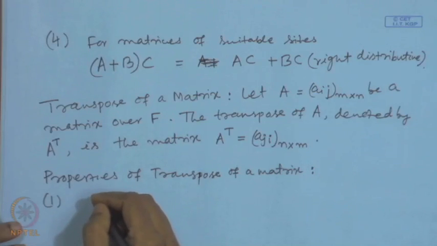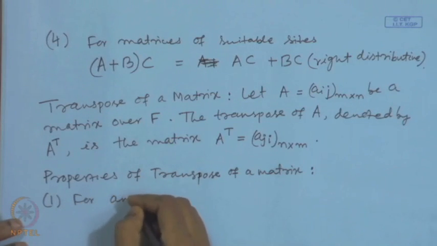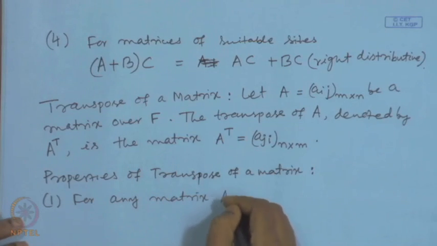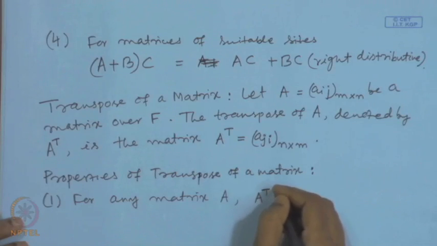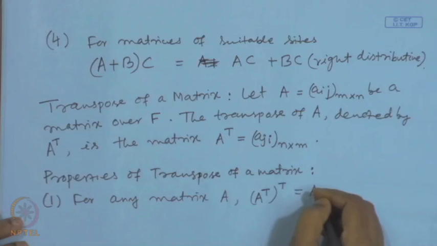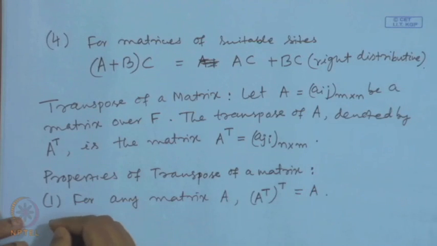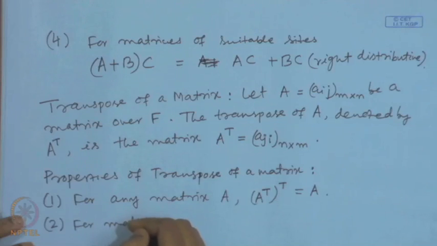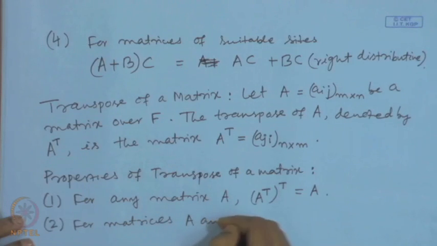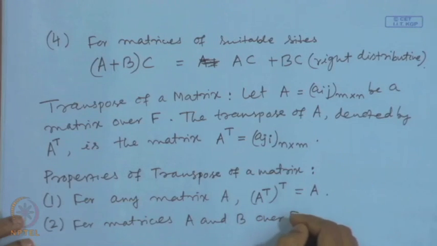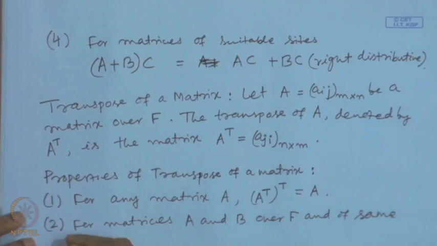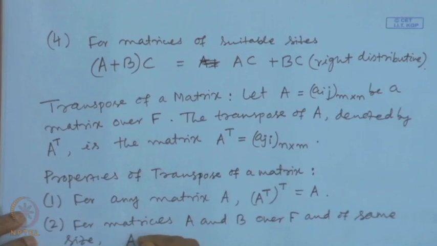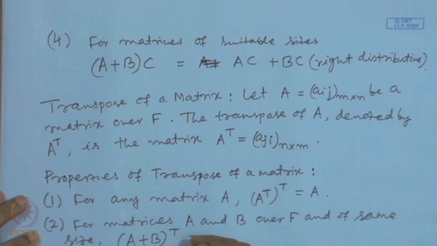First property is like this: for any matrix A, if we take its double transpose, transpose of A transpose, we get the same matrix back, that is equal to A. Second property is for matrices A and B over F and of same size, we have the transpose of A plus B is equal to transpose of A plus transpose of B.